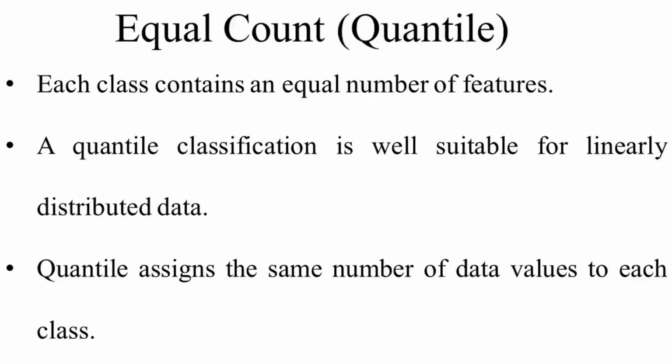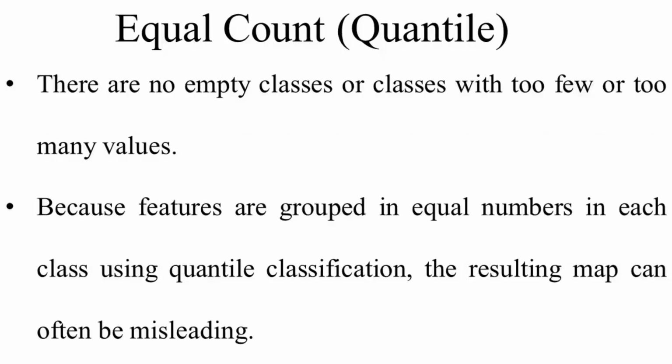Equal count or quantile method. Each class contains an equal number of features. A quantile classification is well suited for linearly distributed data. Quantile assigns the same number of data values to each class. There are no empty classes or classes with too few or too many values.